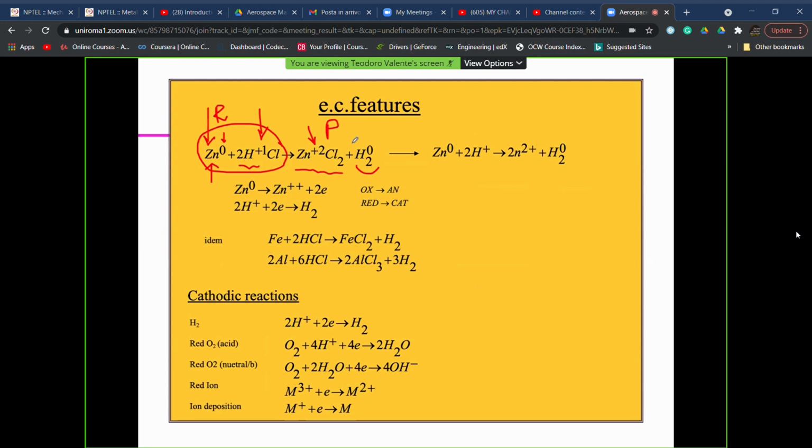After the corrosion reaction has happened, we have the development of hydrogen gas from the surface of our metallic zinc, and this means that the oxidation number of hydrogen has turned from +1 to 0.